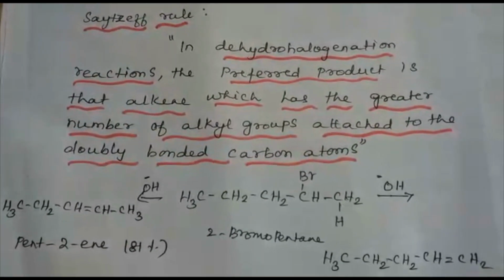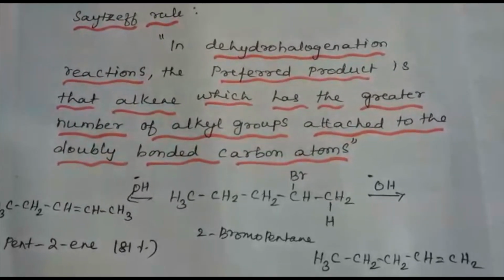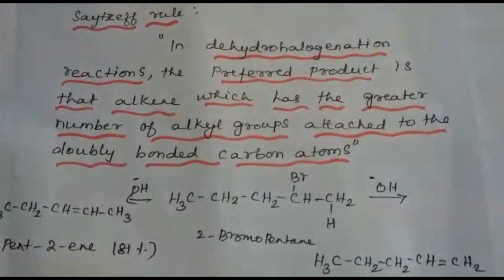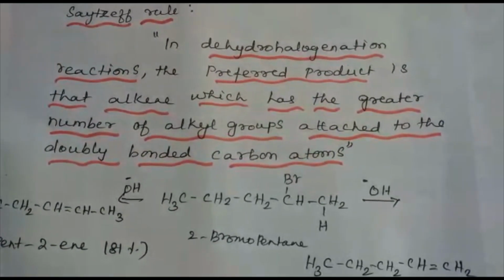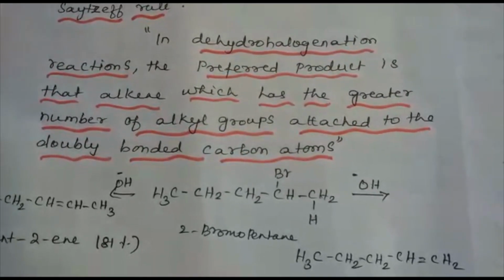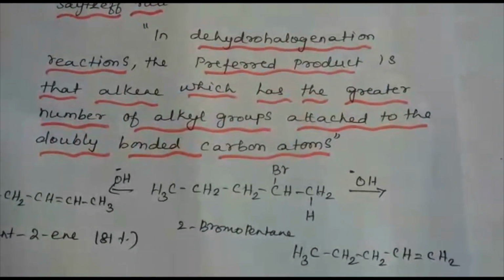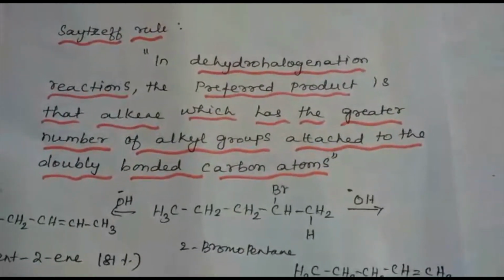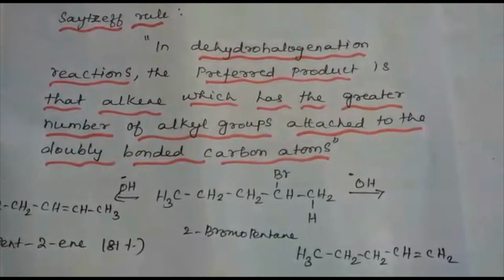How did the Zaitsev rule come into effect? If there is a possibility of formation of more than one alkene due to the availability of more than one beta hydrogen atom, usually one alkene is formed as the major product. These form a pattern first observed by Russian chemist Zaitsev, and we have the Zaitsev rule. What happens in Zaitsev rule, which is taken as the major product?